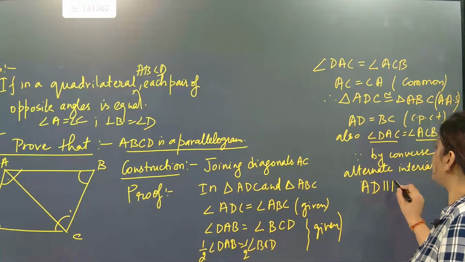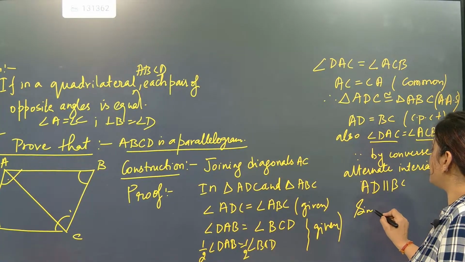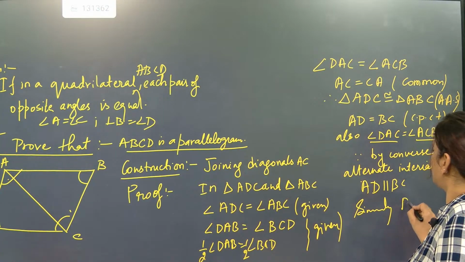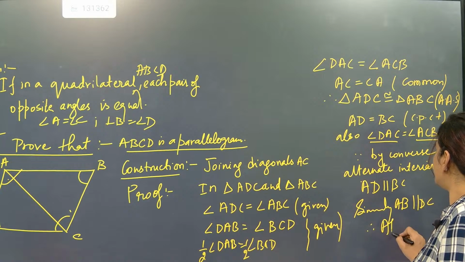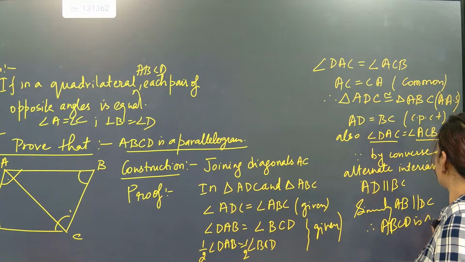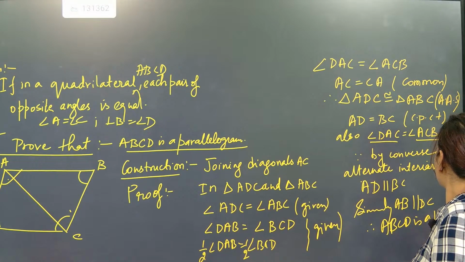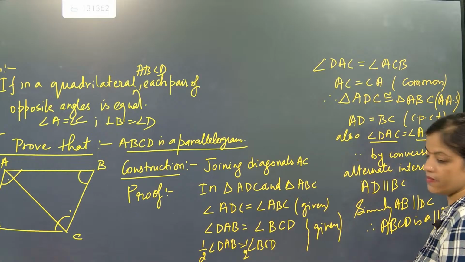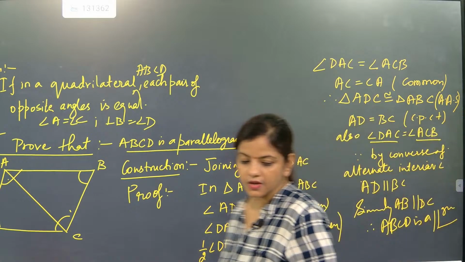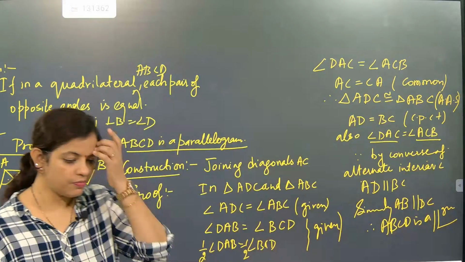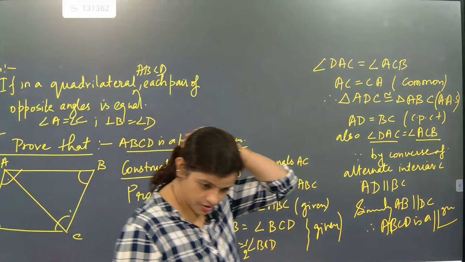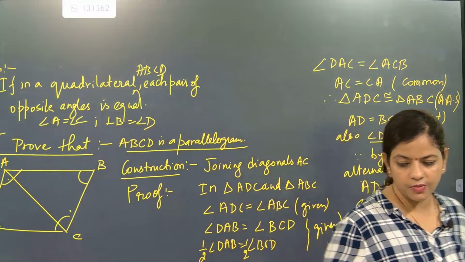AD is parallel to BC. Similarly, AB is parallel to DC. Therefore, ABCD is a parallelogram. It is a parallelogram.